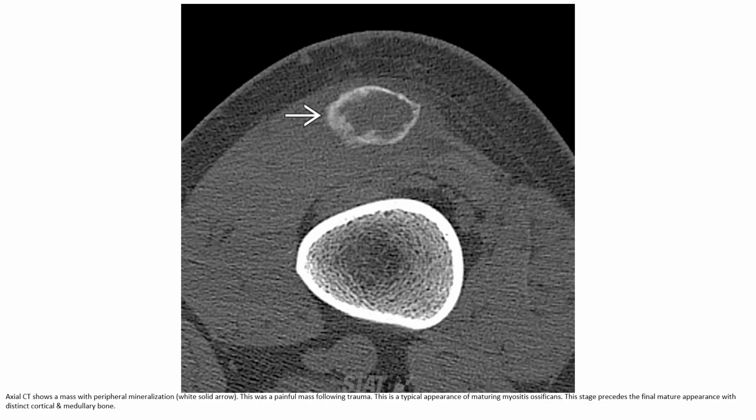And this is a case of myositis ossificans.